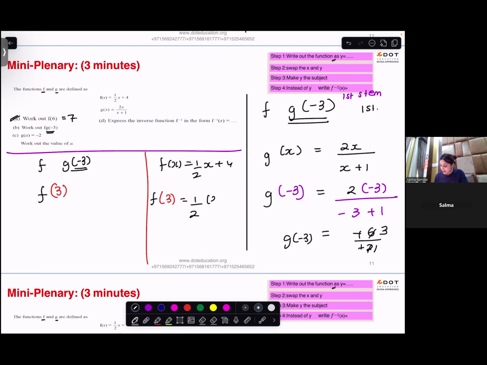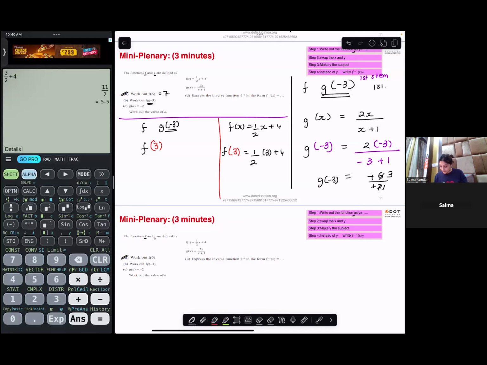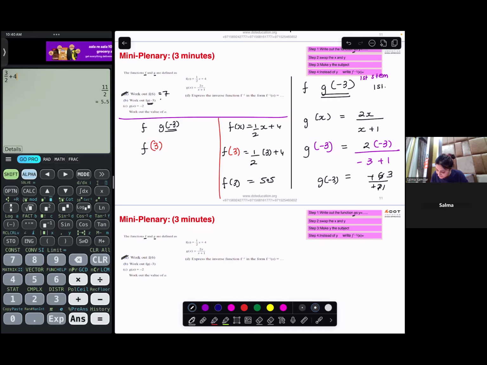So this is going to be half of 3 plus 4. I'll put this on the calculator. Okay. Putting this on the calculator, I'm getting f of 3 is 5.5. So f of 3 is what? 5.5. So I get my answer. Okay. This was f of 3 and this is 5.5. So this usually comes as a 2-mark question.